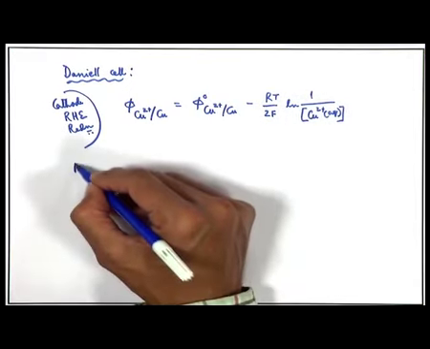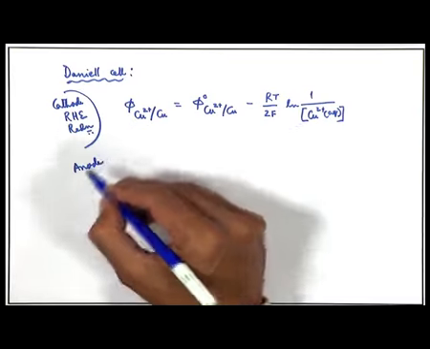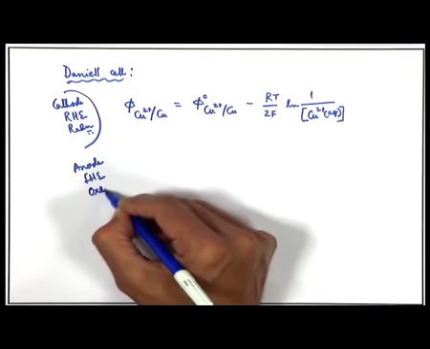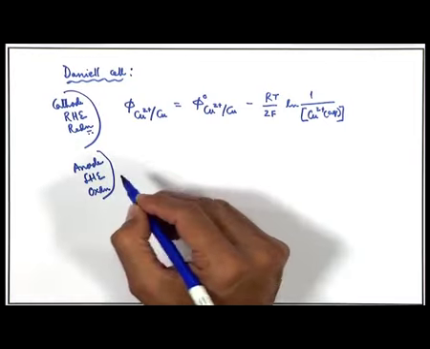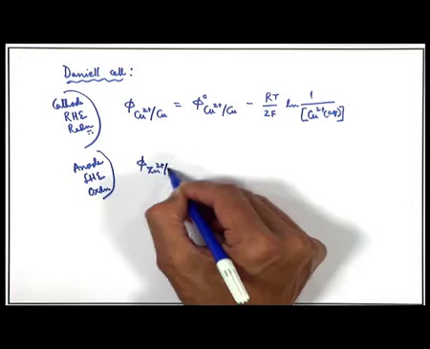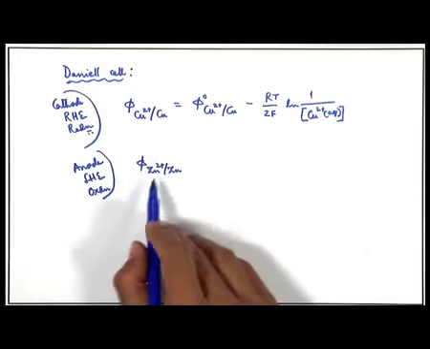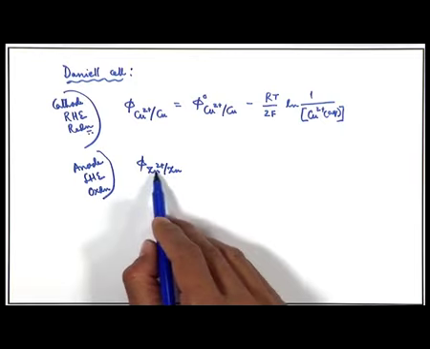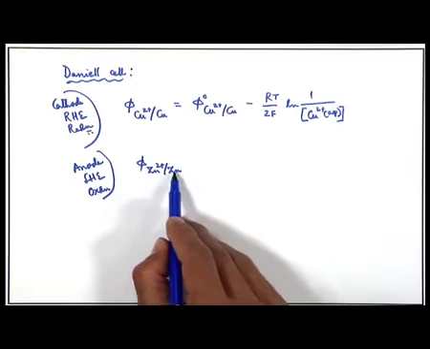Anode, the left hand electrode, oxidation, phi Zn2+|Zn. We are using the reduction potential values, that is why it is first zinc 2 plus, then zinc 0.